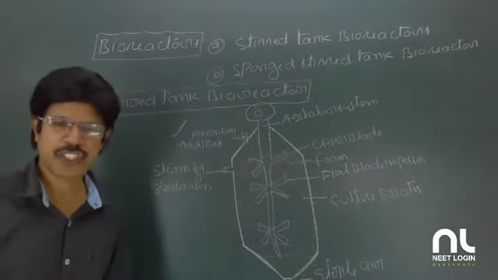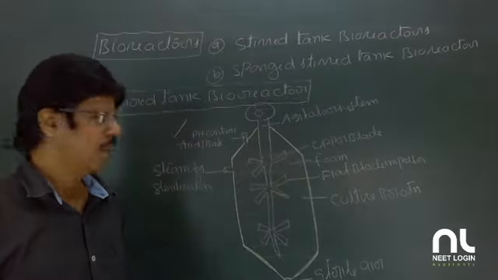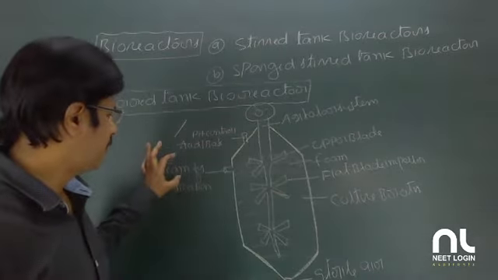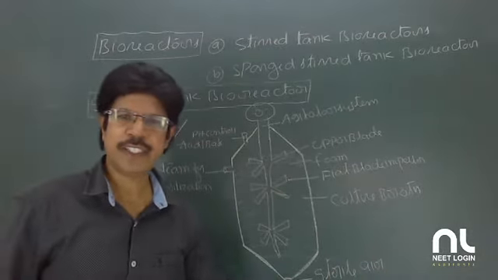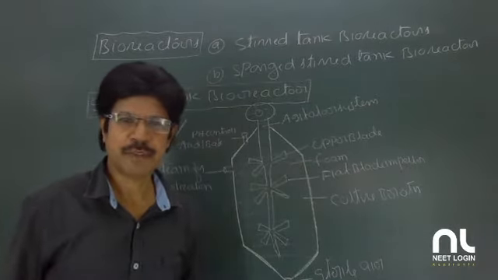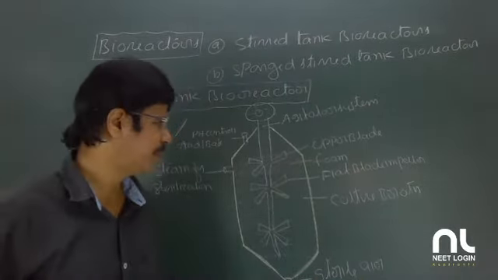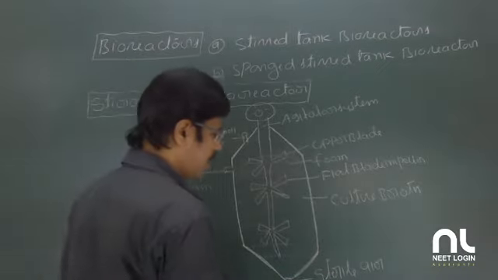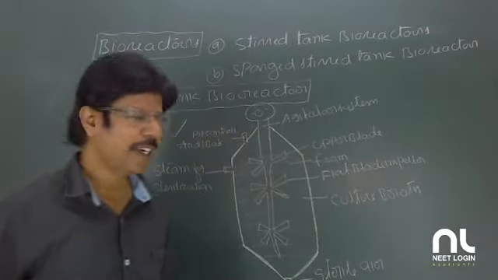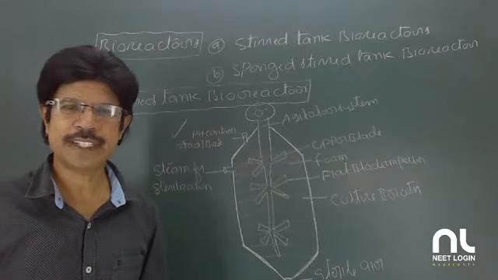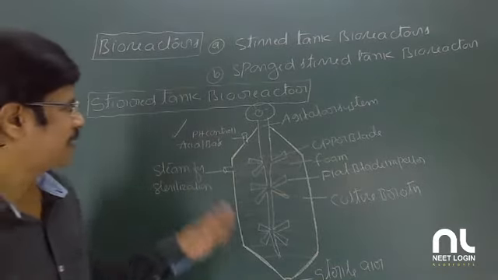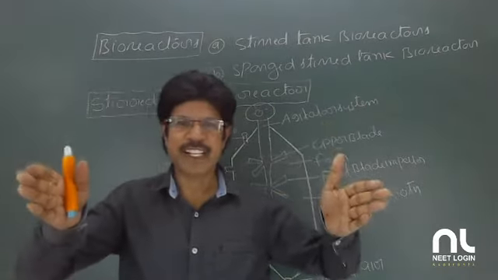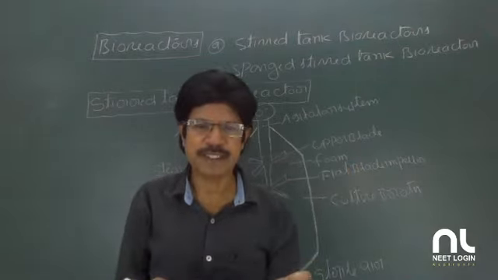Steam for sterilization of the medium and whatever culture is present in this. And sterile air, for oxygen availability, is passed through from the base of the container. The stirred tank bioreactor is cylindrical, curved at the base.